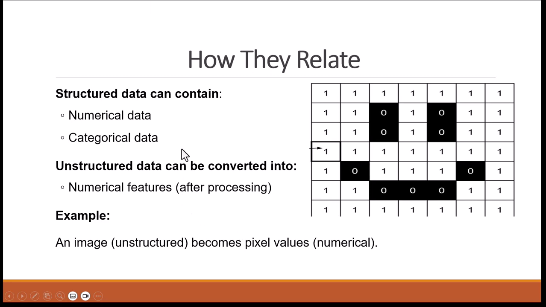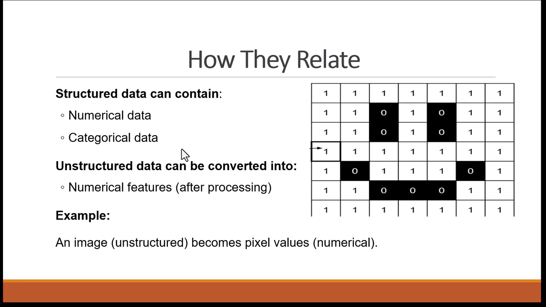How can we relate the format of the data with the type of the data? I should explain that a structured format of the data can contain both types, numerical data or categorical data. But unstructured data cannot have any numerical data or categorical data directly.